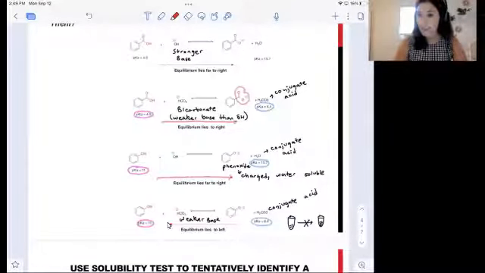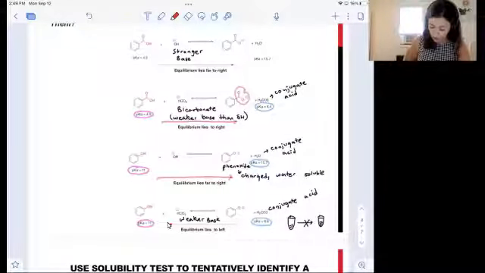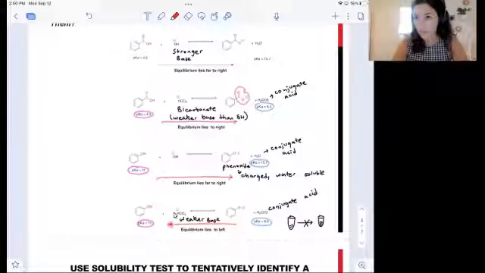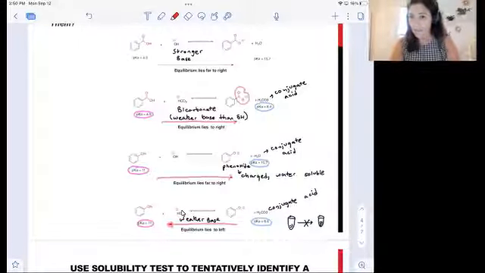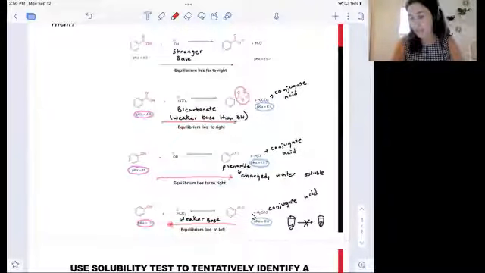Again, we always want to be moving from the lower pK number to the higher pK number. And so this is actually an equilibrium that does not favor the phenoxide. Instead, it favors the starting materials. So in the presence of the weaker base bicarbonate, phenols will not extensively deprotonate. And in the solubility test, you would not expect to see a clear solution formed if you have a phenol present.